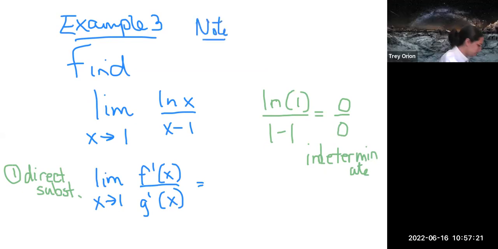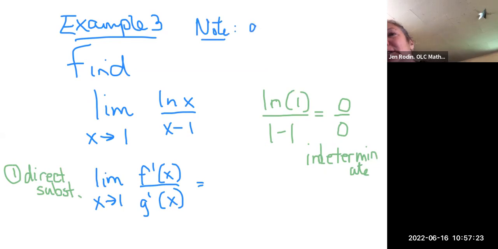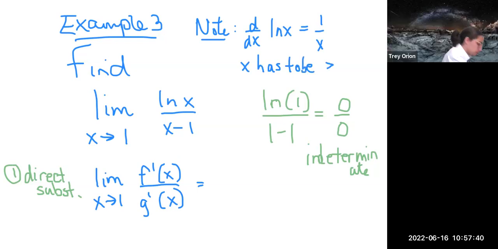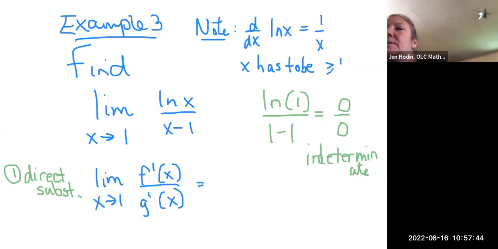So note that the derivative of the natural log of x is 1 over x. x has to be greater than or equal to 1. So x is positive, but we're good because we're talking about the limit as x approaches 1, not 0. 0 wouldn't have worked for this.